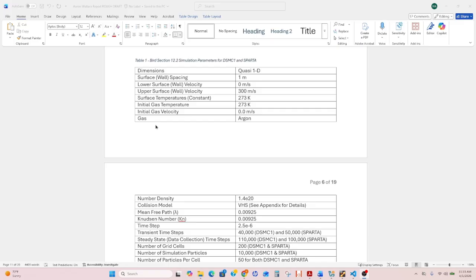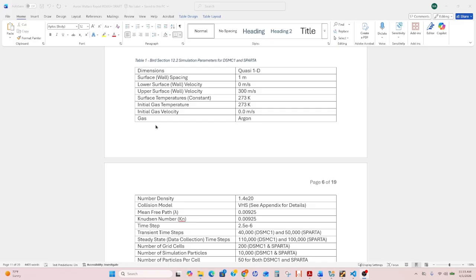The gas that we're using is argon. This is the first example in the 1D examples because of the simplicity of it, because it's a monatomic species and it's not a mixture, so it's only one species you have to worry about collisions between.